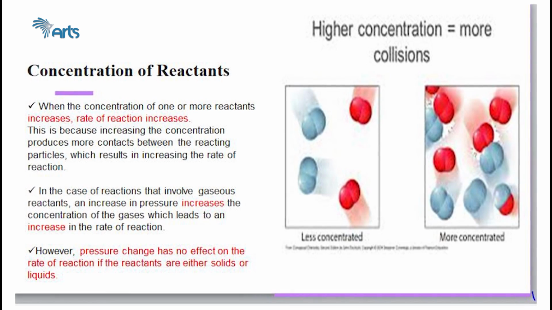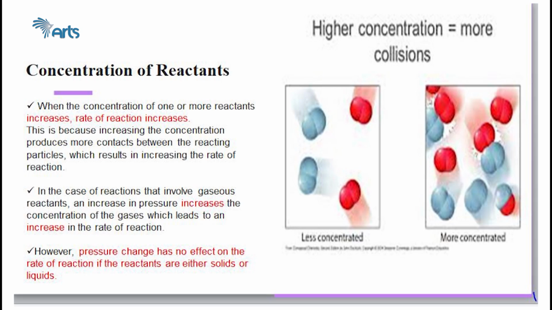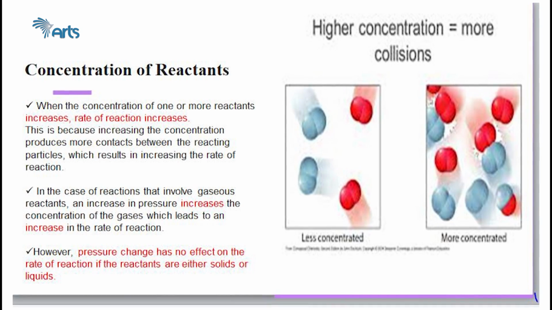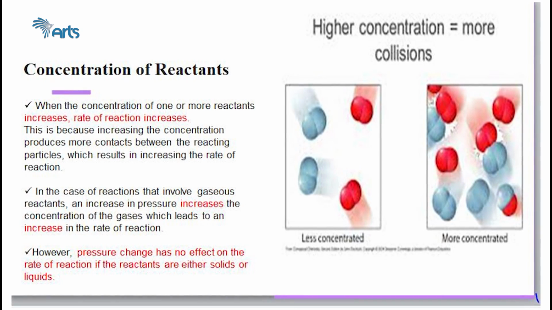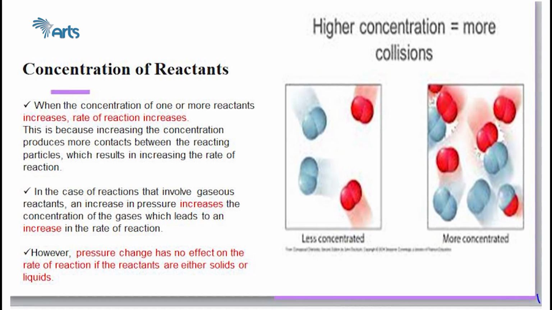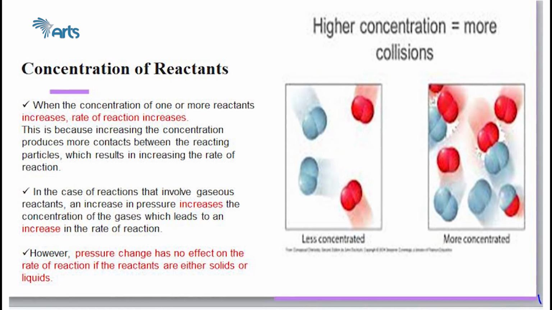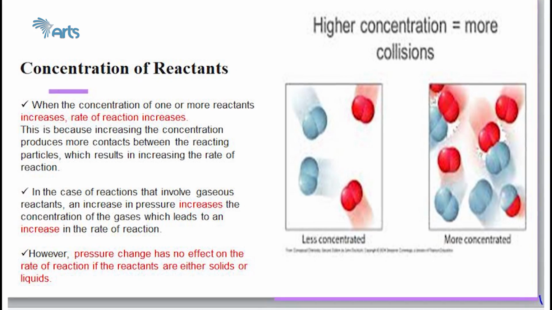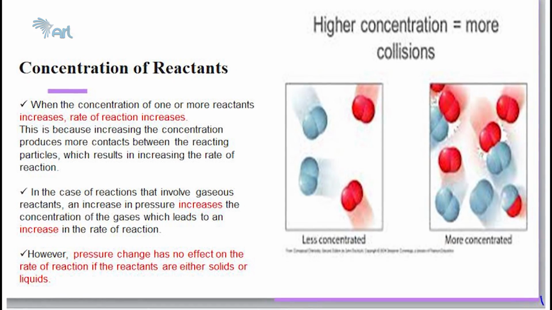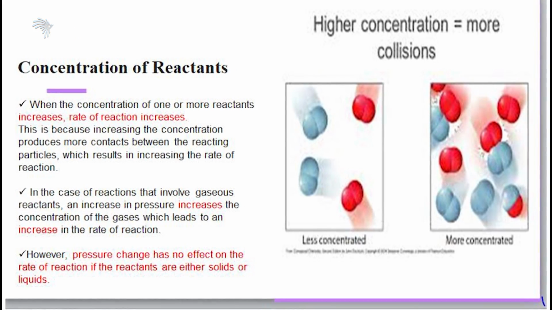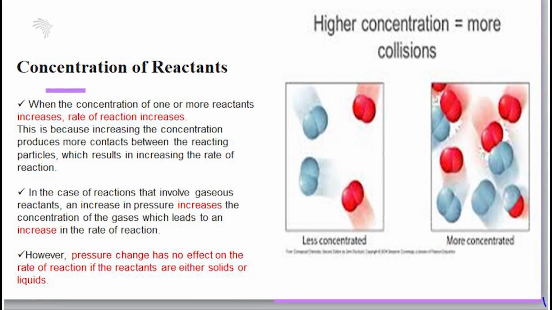The rate of reaction can be increased by increasing the concentrations of the reactants. Lowering the concentration has the opposite effect. Increasing the concentration of a reactant per unit volume increases the number of possible collisions between particles, and the rate of the reaction is thereby increased.